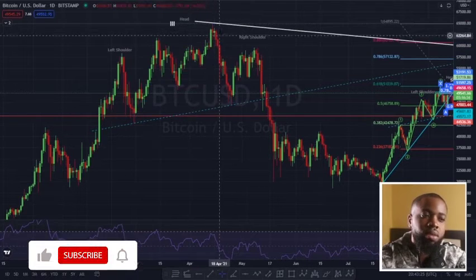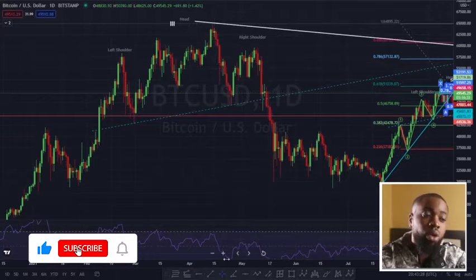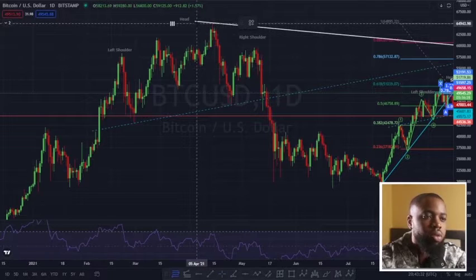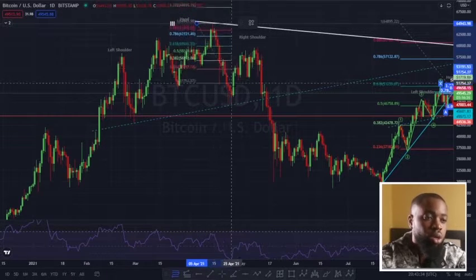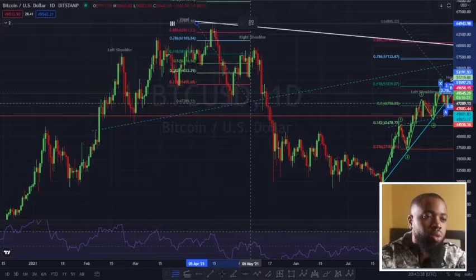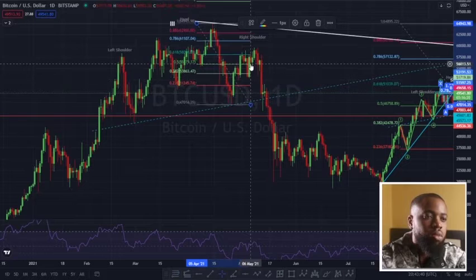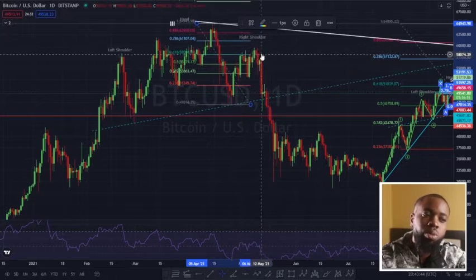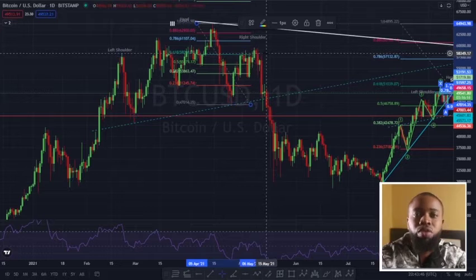So let's measure the wave 2 retracement. You take your Fibonacci tool from the top of the origin of wave 1 to wave 1. We got a retracement right around 0.618. That signaled our wave 2.